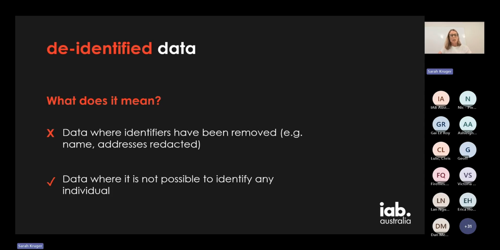You need to look at data where it is not possible to re-identify any individual. So in other words, if the individual can be re-identified by any means, including by matching the information that you have with other available information, it will not be properly identified and it will be considered PI. So if you take nothing else away from today, please remember that.